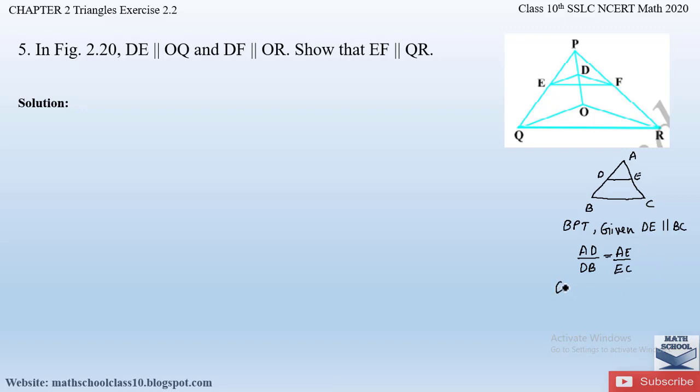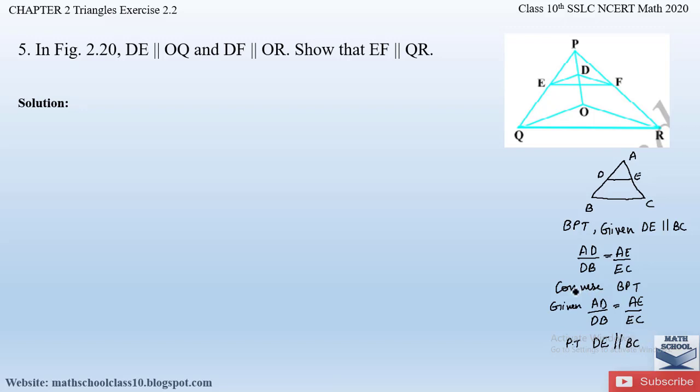Now what is the converse of the BPT theorem? In the converse, they would have given us that the proportion of two sides is equal, that is AD by DB is equal to AE by EC. Then we have to prove that this line DE is parallel to the third side, BC.